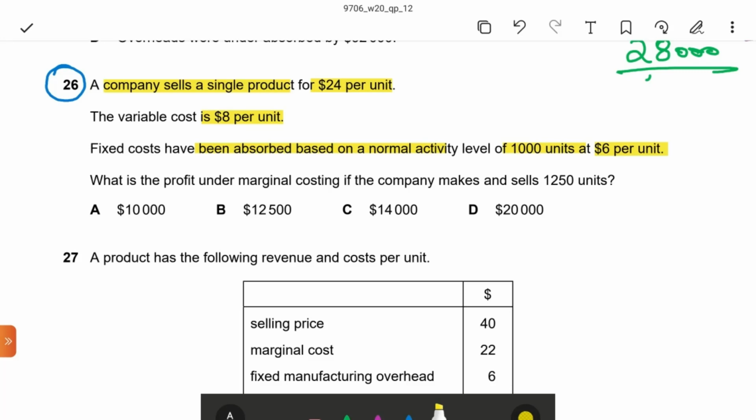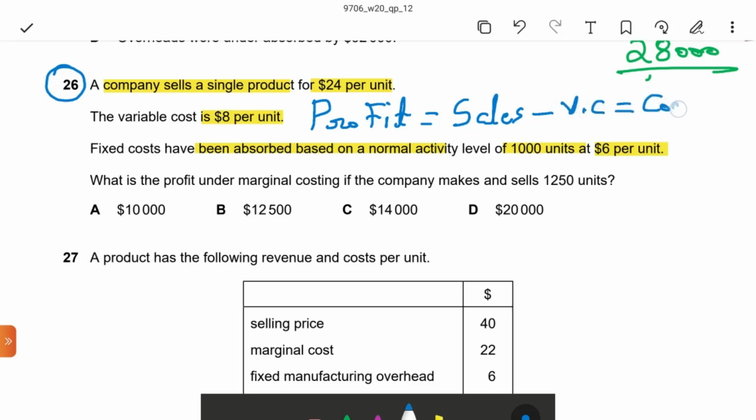The marginal cost profit is equal to sales minus variable cost, which is contribution, then contribution minus fixed cost. First we calculate the contribution.